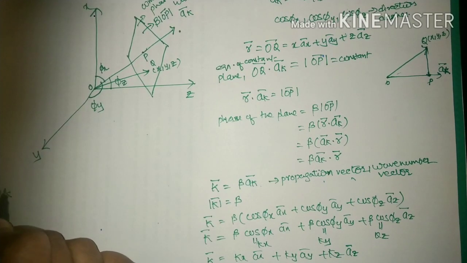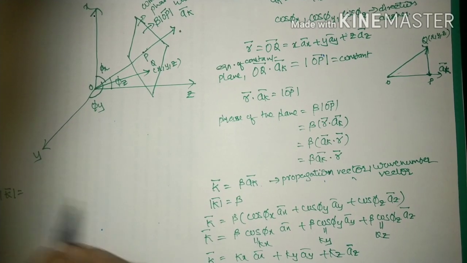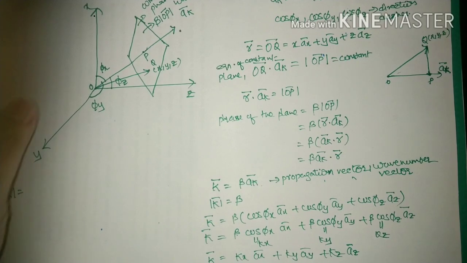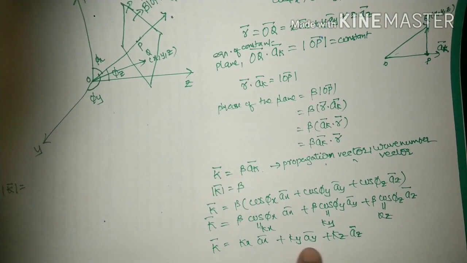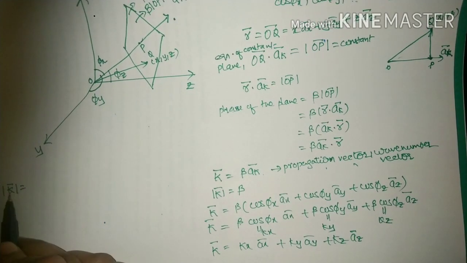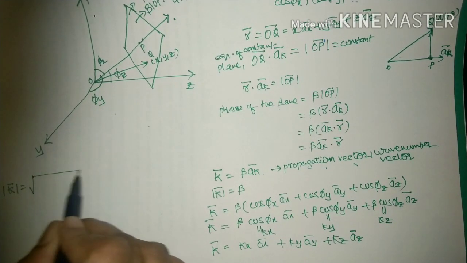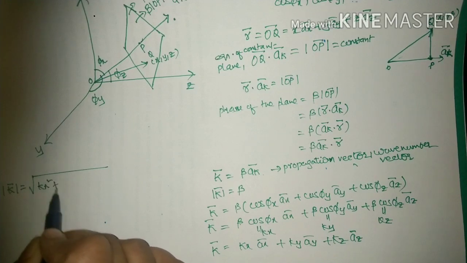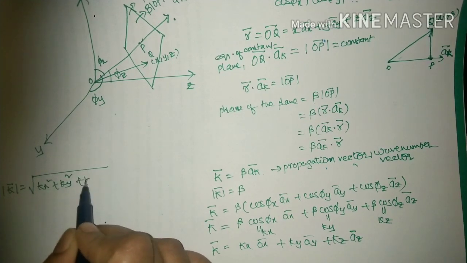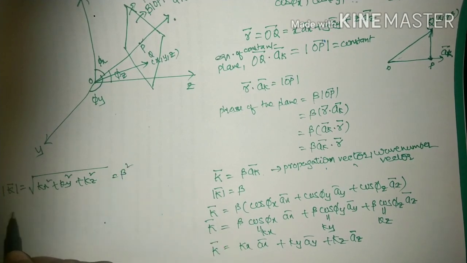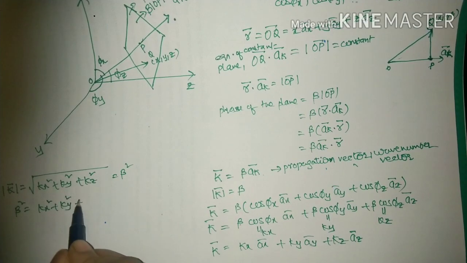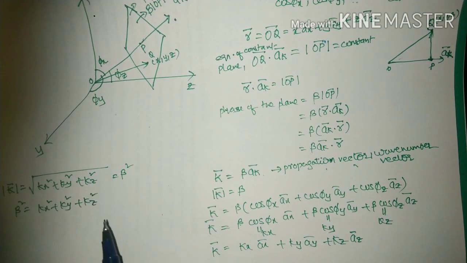The modulus of the vector kx ax bar, ky ay bar, kz az bar is root over kx square plus ky square plus kz square. But the magnitude of this vector is equal to beta. So you can write beta square is equal to kx square plus ky square plus kz square.